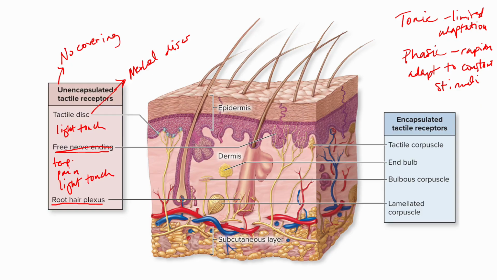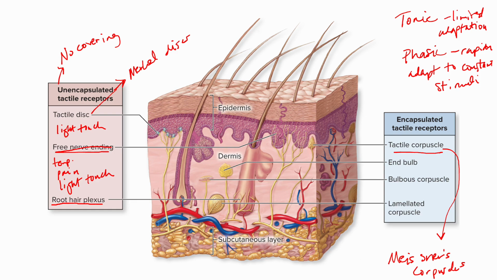Our encapsulated receptors are going to have some kind of covering. It could be connective tissue, or it may be some of our glial cells, but they're not free nerve endings or free dendrites like we saw with the unencapsulated. Let's start with our tactile, since it's listed at the top here. When we talked about the integumentary system, we also called these Meissner's corpuscles.